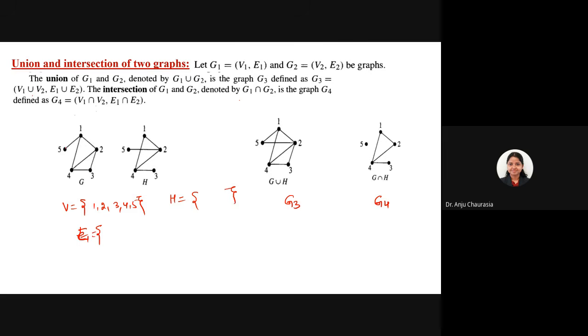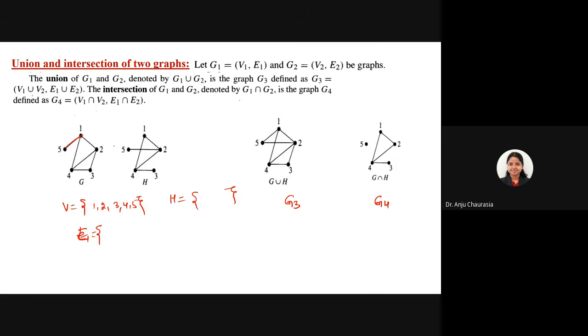So here, student, you can see 1, 5 is present there. You have to consider all things, whatever in G and whatever in H, all points, when you are creating G union H. Look, 1, 5 is present there, it should be here.